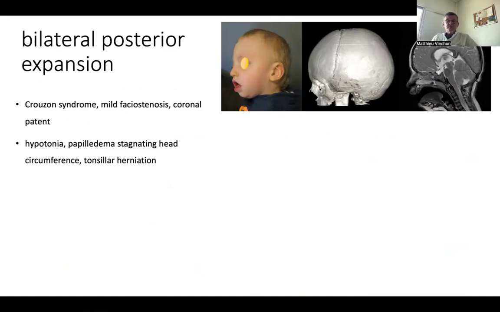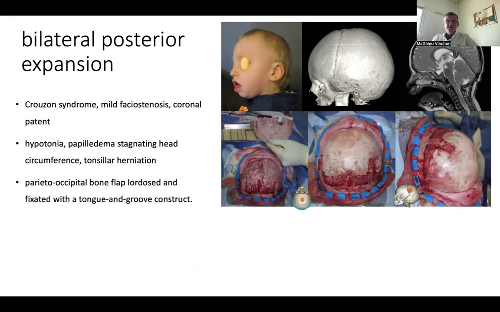When the synostosis is bilateral, it may be needed to do posterior calvarial expansion, like in this boy who had a Crouzon disease with a fasciostenosis but no closure of the coronal suture. He had a tonsillar herniation, so we decided to do a posterior cranioplasty for calvarial expansion.